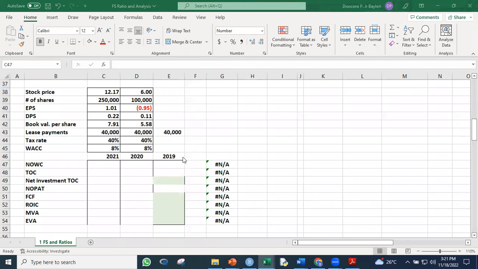Yung actual figures. I'm not asking the formula for each. I'm asking for the figures itself, not the formula, sorry. Diba sabi ko yung mismo, yung amount, no? Magkano yung NOWC for 2021, for 2020, and 2019.